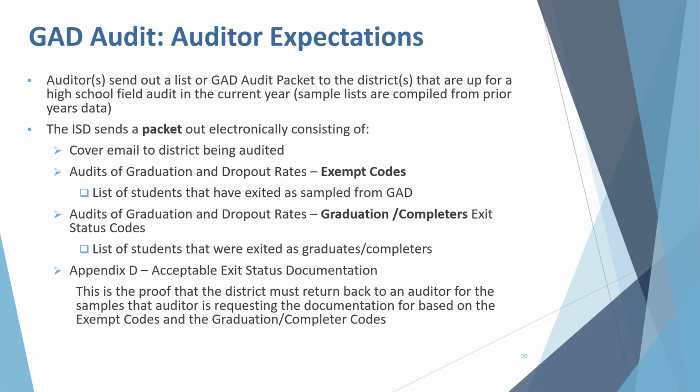They had some form of documentation on record to support the code they've reported. If the code does require updating, then the auditor is expected to submit a finding within the GAD application. The data will then refresh to MSDS via a nightly update process that is scheduled to occur during the audit window.